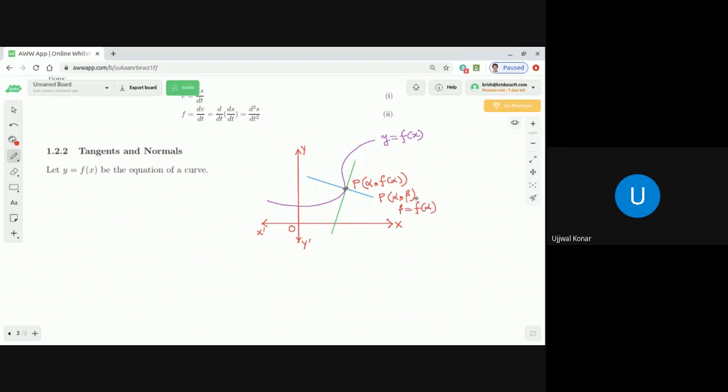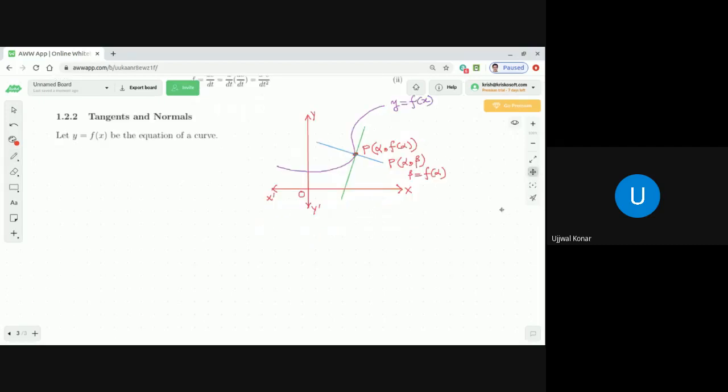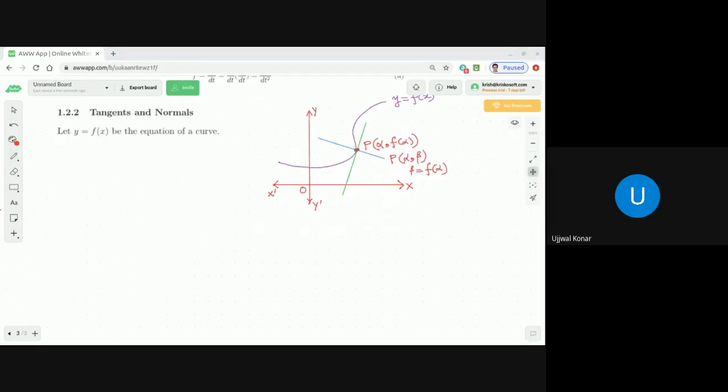Now, before defining the equation of the tangents and normals, dear students, one thing we are going to discuss is what dy/dx is in this context with respect to the tangent. So dy/dx, that is f'(x), represents the slope of the tangent to the curve at any point (x, y) on the curve.